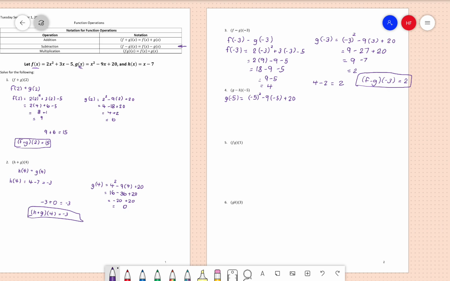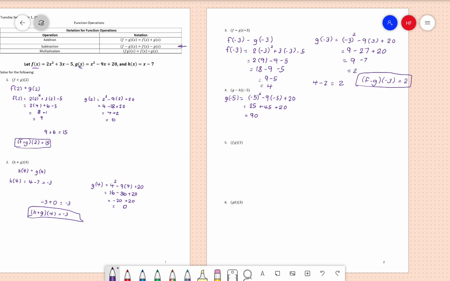Negative 5 squared is positive 25. Negative 9 times negative 5 is 45 plus 20. 25 plus 20 is 45. 45 plus 45 is 90.